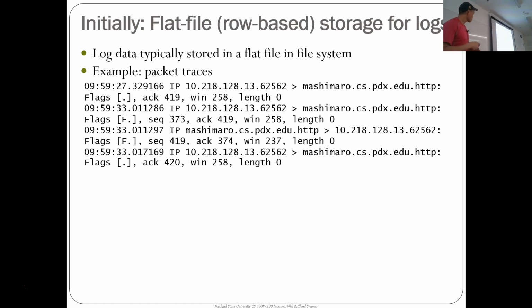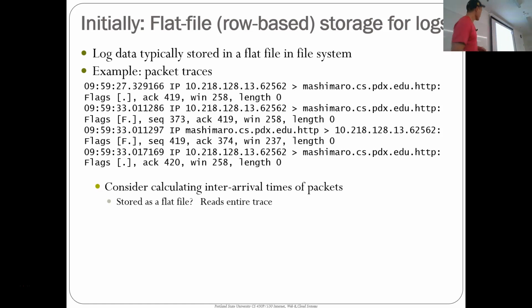So if you recall, you have something like this. It'll be stored in a binary format, but it's still stored linearly, where you get a packet at a time. Every row is a new packet. And what I was doing was calculating inter-arrival times of packets.